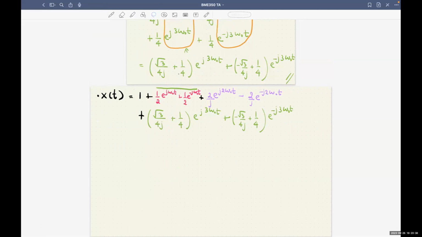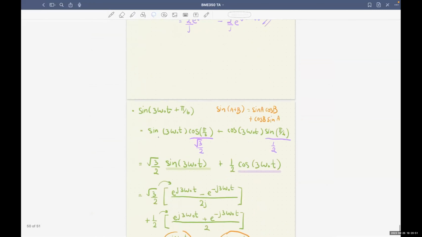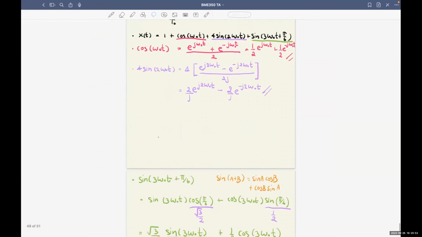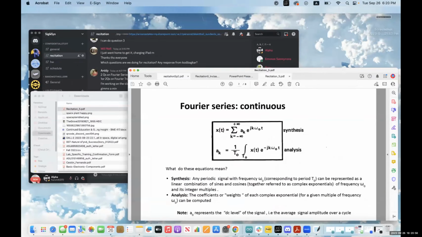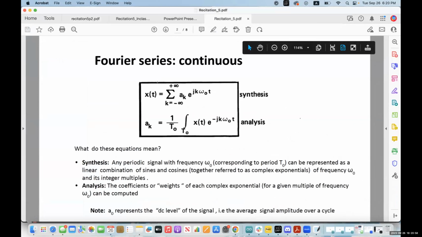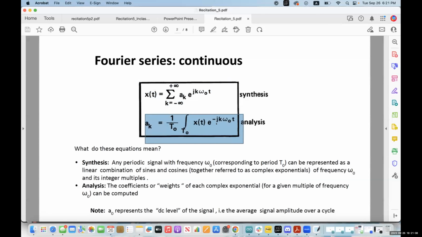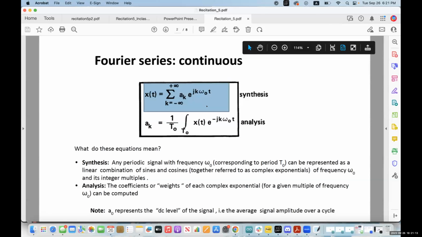All right. So after using Euler and the sine formula, we got this term, right? Now let's compare this to the synthesis equation so that we can find what are the coefficients that we are finding. Okay, so let's look at the synthesis equation.